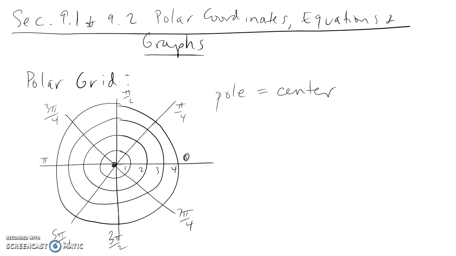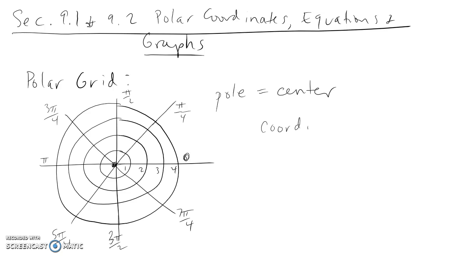And so those represent degrees, just like we've talked about in the trig. But instead of the x and y, you end up getting a radius and an angle.